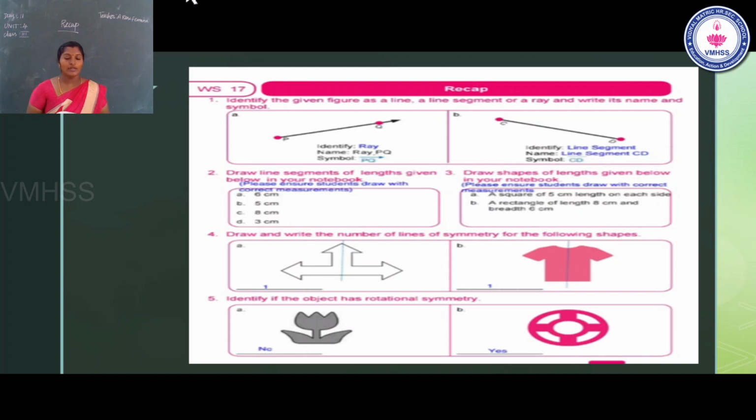Dear children, identify the given figure as a line segment or ray and write its name and symbol. What is the first picture?